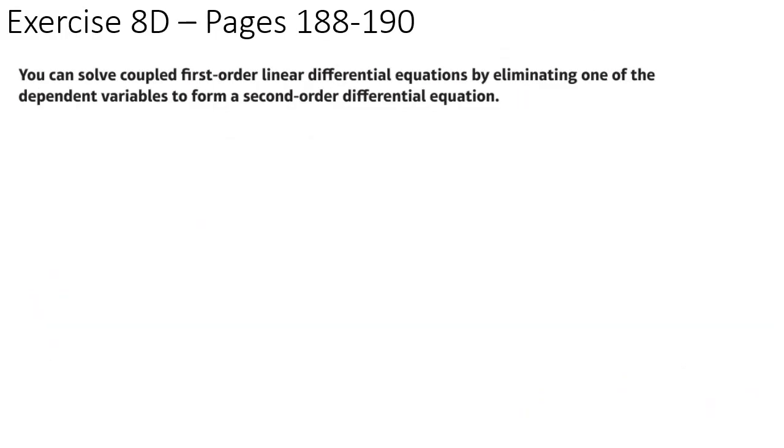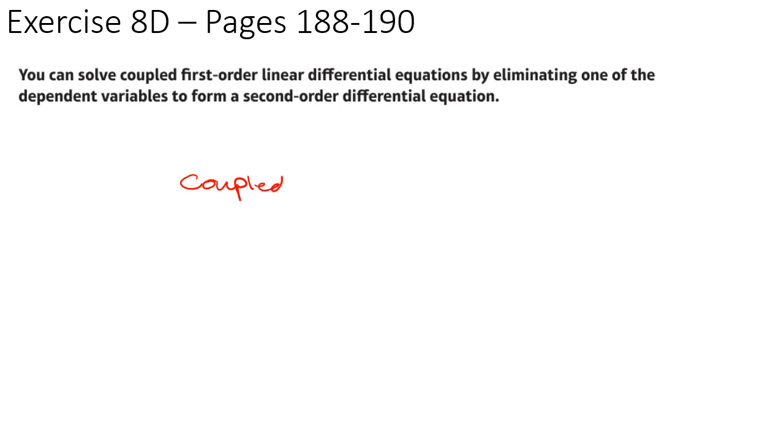Right, we should now be able to do exercise 8D on pages 188 to 190, and this is where we've got these coupled first order linear differential equations, and the way that we deal with them is by eliminating one of the dependent variables to form a second order differential equation. The word coupled here just means linked.